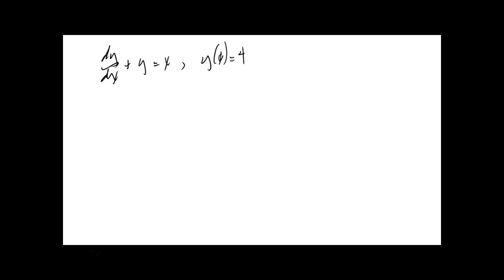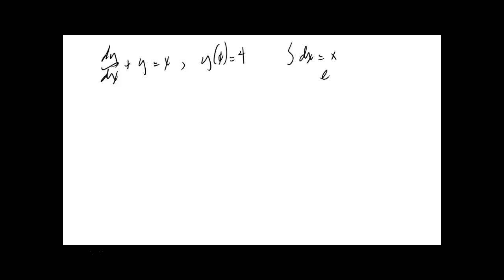So what's the first thing we do? We integrate the p of x. What is your p of x? 1. And the integral of 1 dx is x. Then we raise e to that, so we have e to the x.